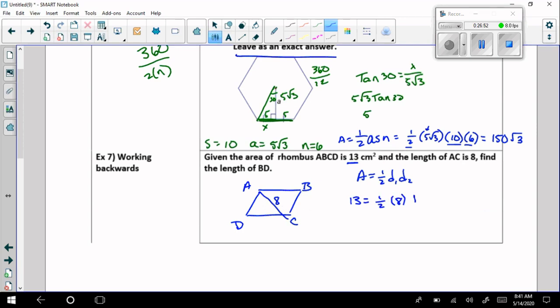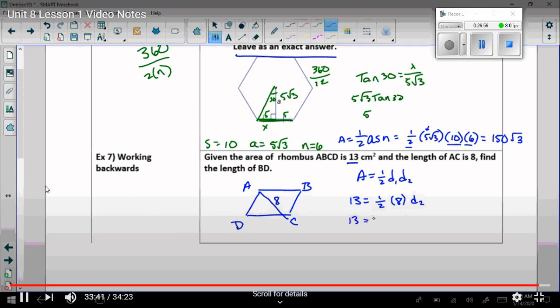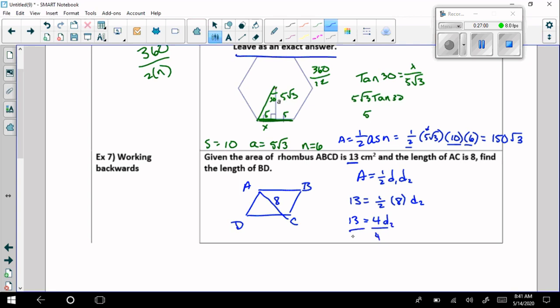Sometimes you're solving for something on the left side instead of just solving for area. So 1/2 of 8 is 4, divide that over, and D2 is whatever you get when you divide, so 3.25, and that's centimeters.